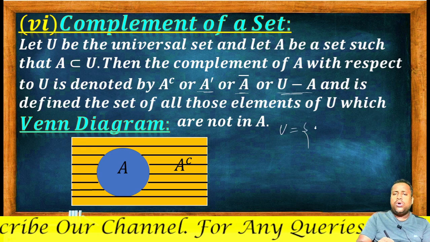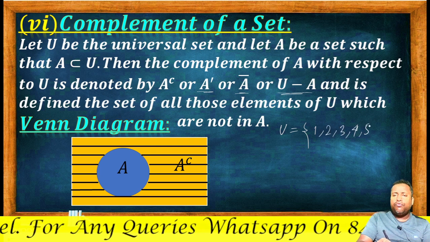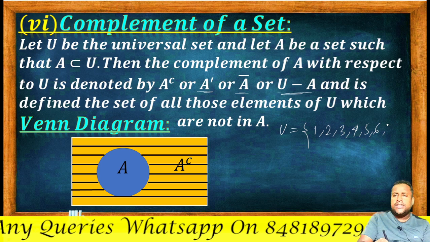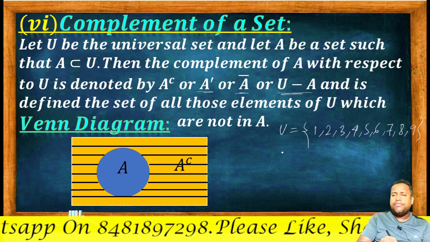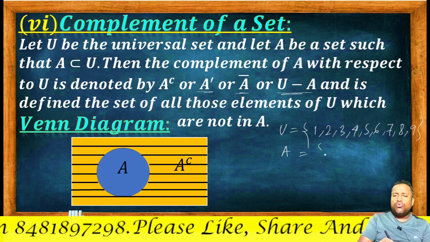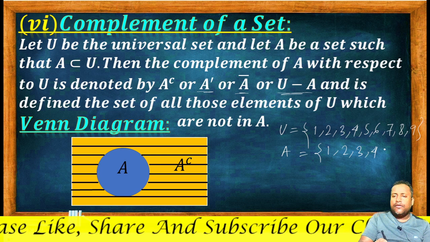So suppose let U equal to the first 9 natural numbers, 1, 2, 3, 4, 5, 6, 7, 8, 9, and A equal to {1, 2, 3, 4, 5}.